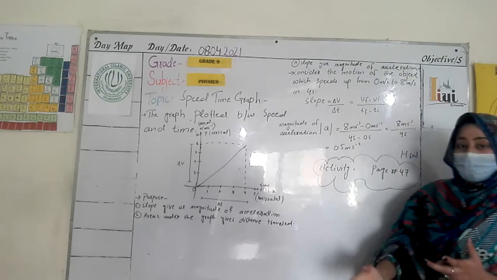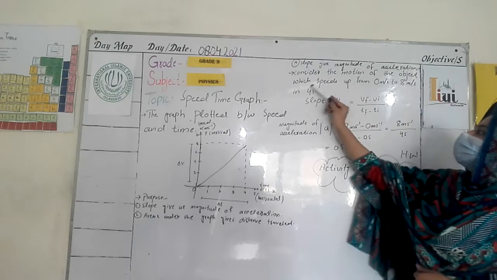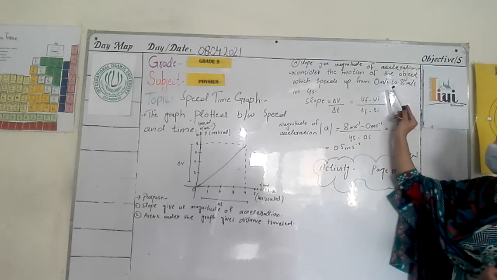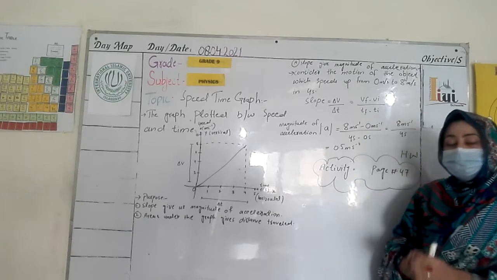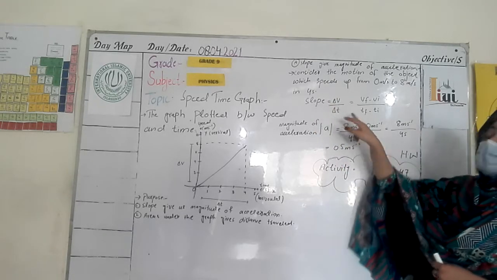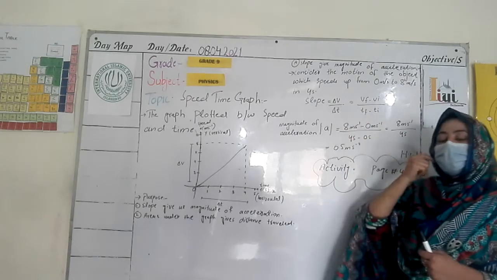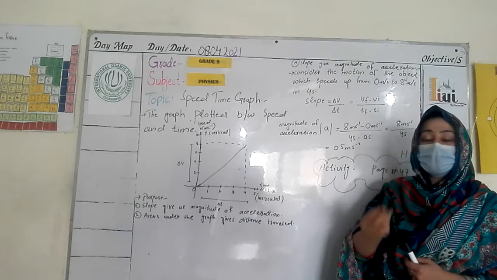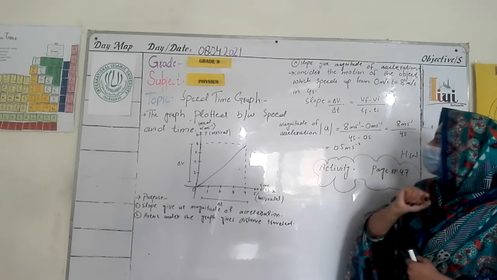I have an example for you. Consider the motion of an object which speeds up from 0 meter per second to 8 meter per second in 4 seconds. As you know, slope is equal to delta v by delta t. Delta v is the change in speed, where v is speed and t is time.